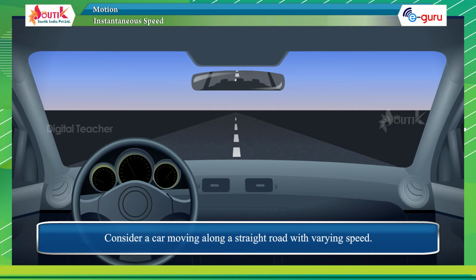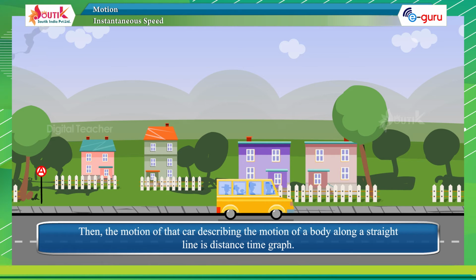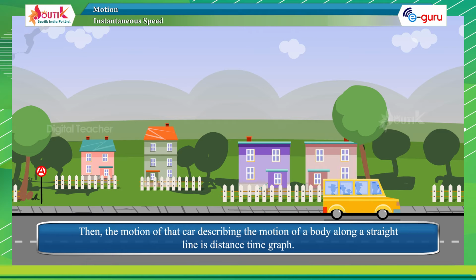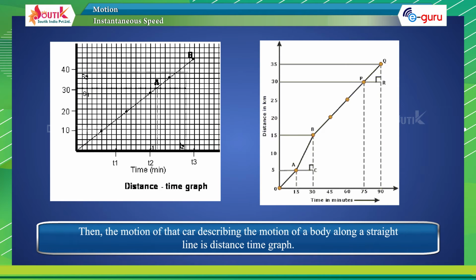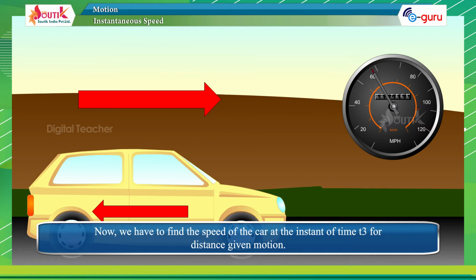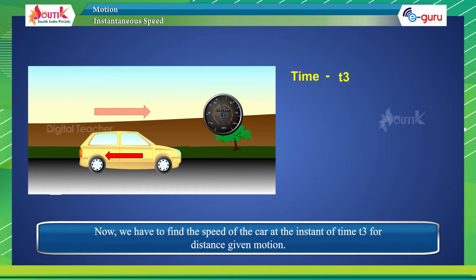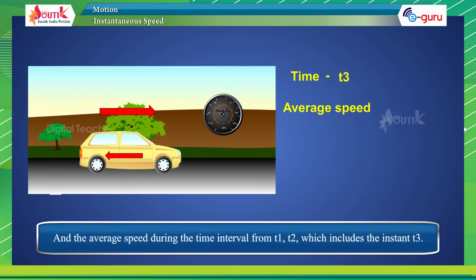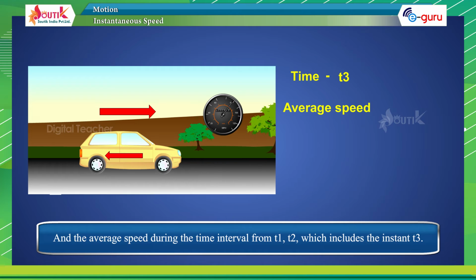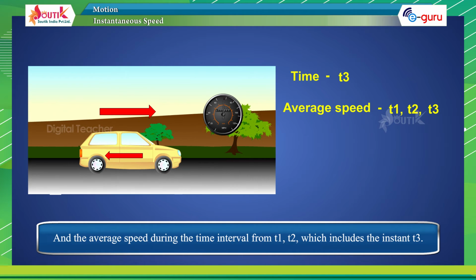Consider a car moving along a straight road with varying speed. The motion of that car, describing the motion of a body along a straight line, is shown by a distance-time graph. Now we have to find the speed of the car at the instant of time t3 for the given motion, and the average speed during the time interval t1 to t2, which includes the instant t3.